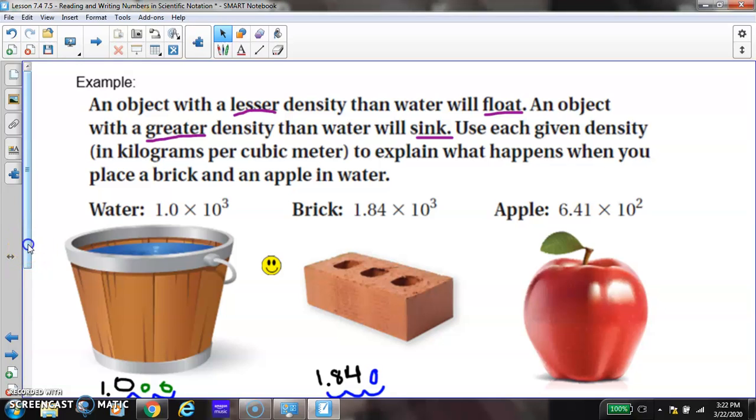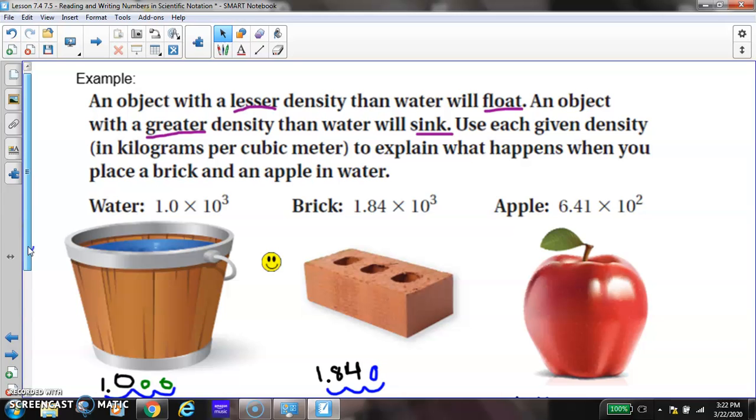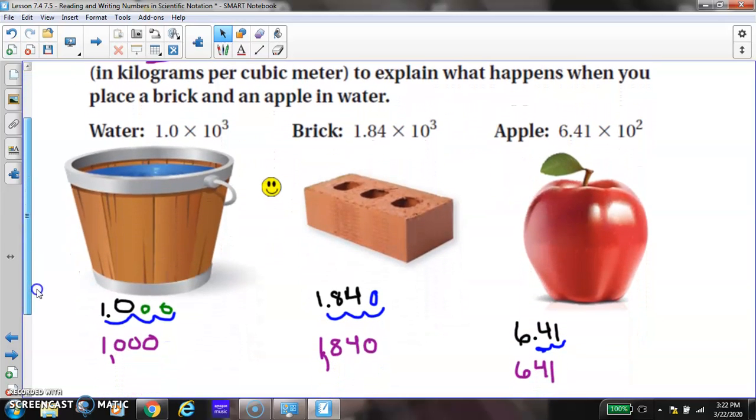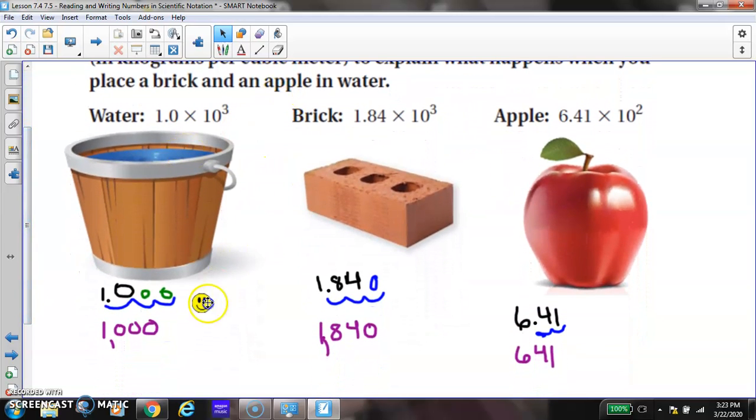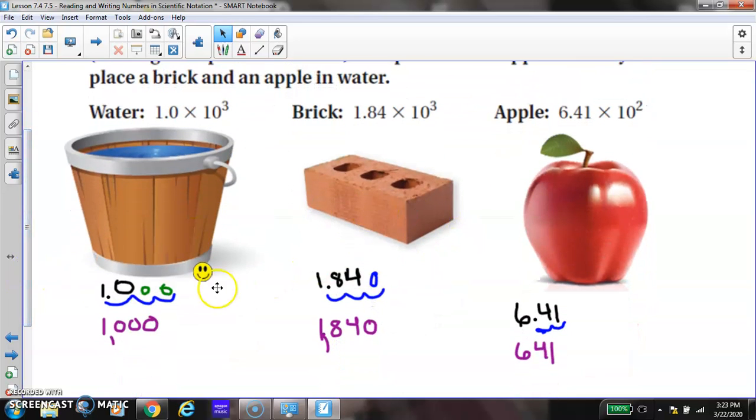So hopefully you've got a chance to pause the video and try out this problem. But in the problem, it tells me that I have a lesser density than water, it's going to float. So when I actually used my scientific notation and moved it 3 places to the right, I found that the water's density is 1,000, and I think that's in kilograms per cubic meter. Did the same thing for the brick, moved it 3 places, 1,840.